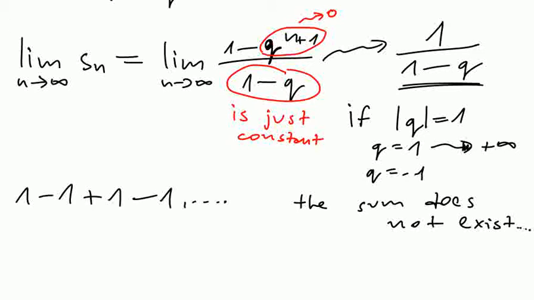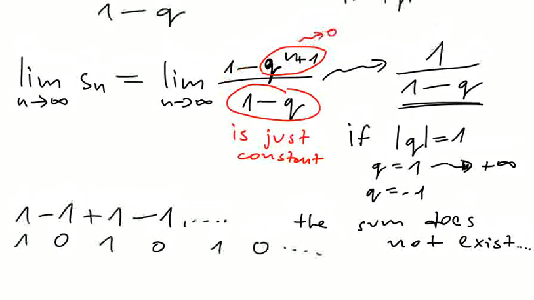Yeah, because the sequence of partial sums will always be 1, 0, 1, 0, 1, 0, and the limit here does not exist.